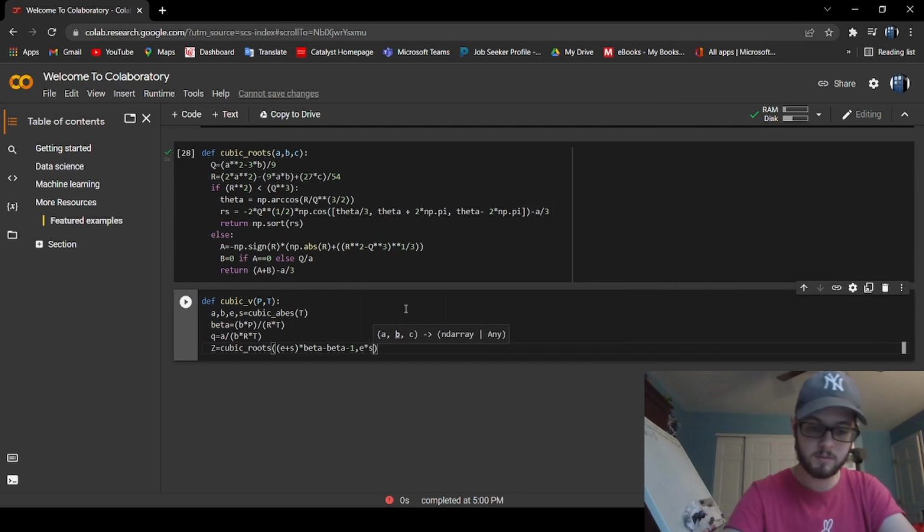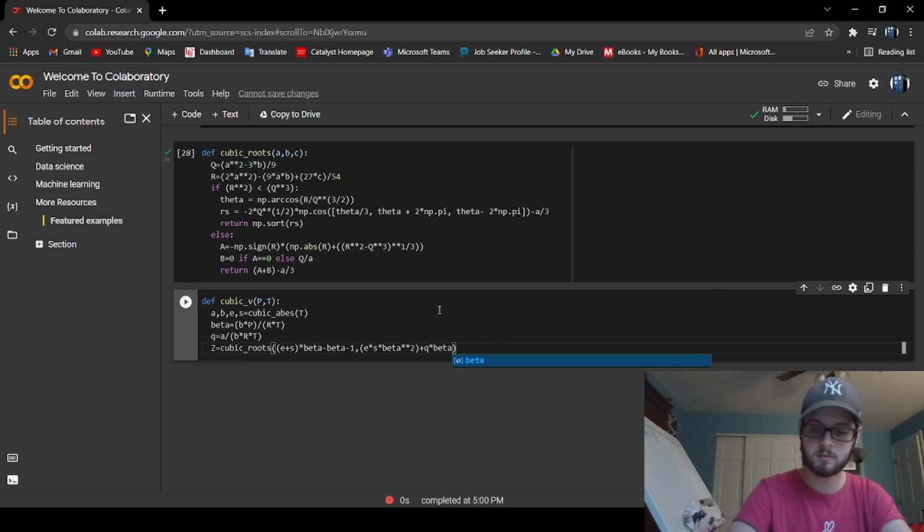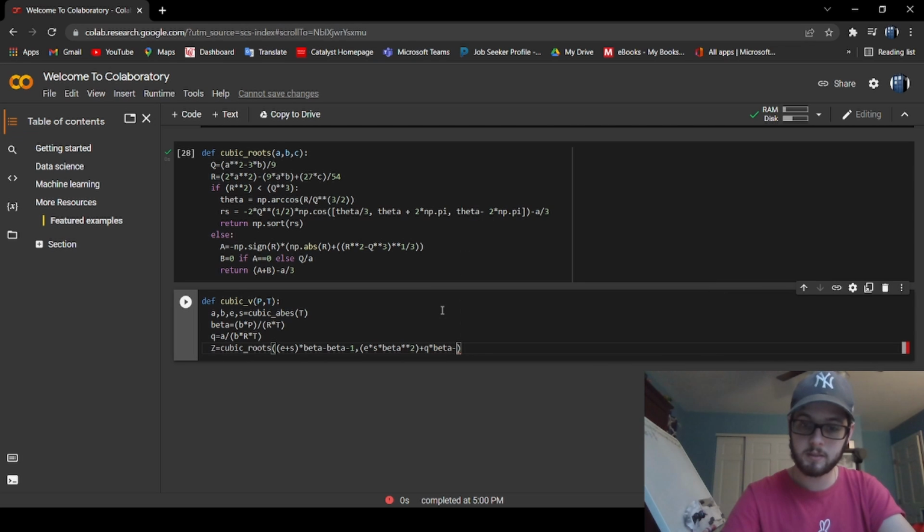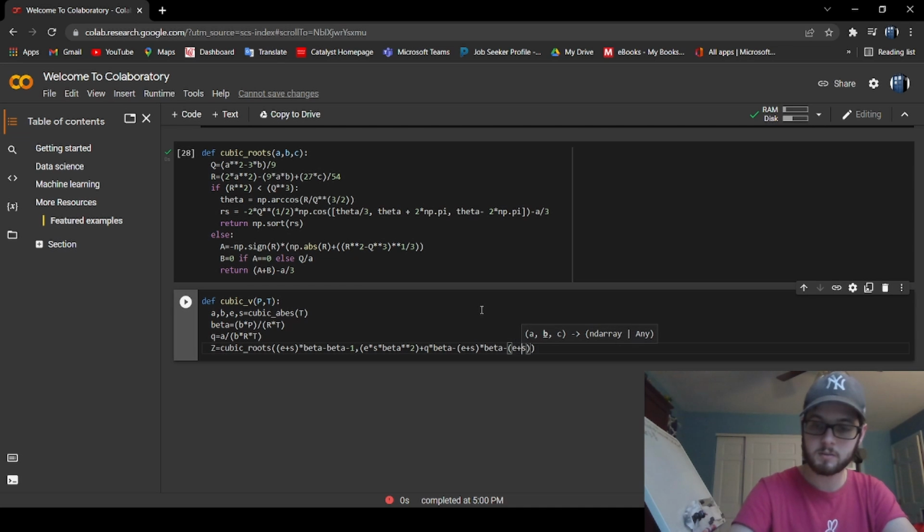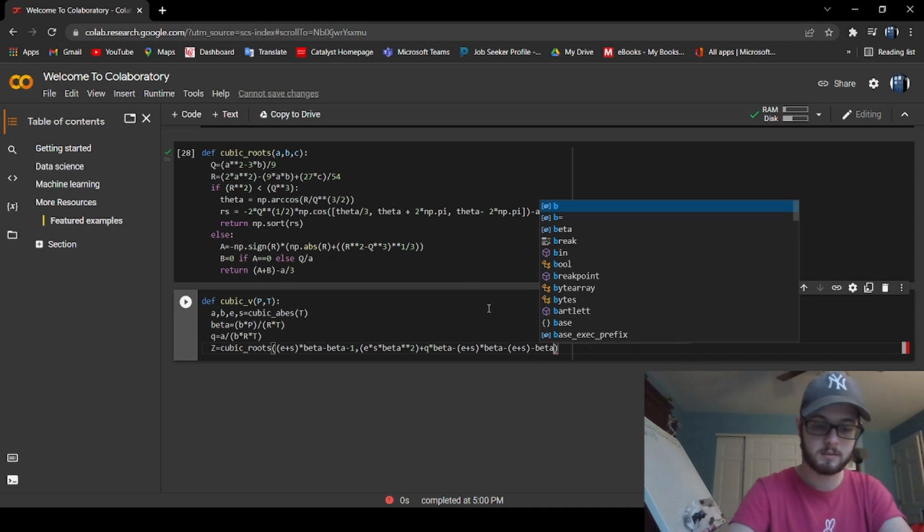Epsilon times sigma times beta to the second plus q beta, no, minus epsilon plus sigma, epsilon plus sigma minus beta squared.